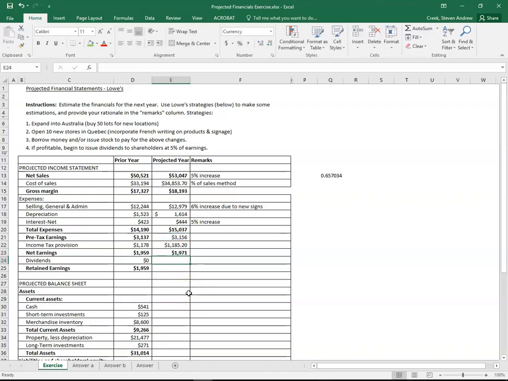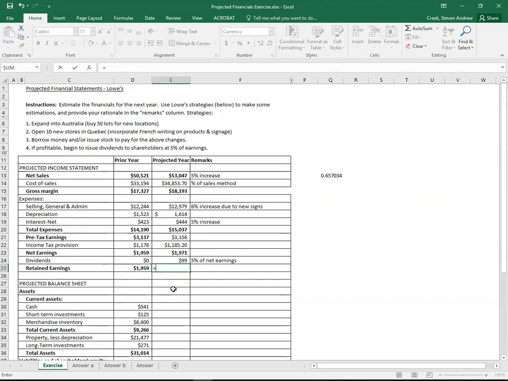Net earnings is 1971, and if you recall number 4 here, if we're profitable, we should begin to issue dividends to shareholders at 5% of earnings. So we are profitable, right? That's a positive number. So we need 5% of net earnings to go to dividends, otherwise known as 1971 times 5% or 0.05.